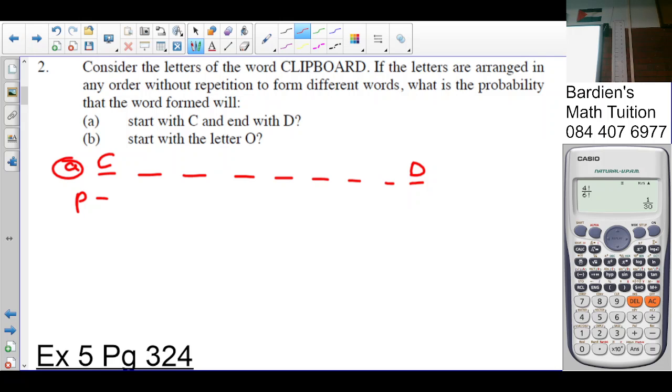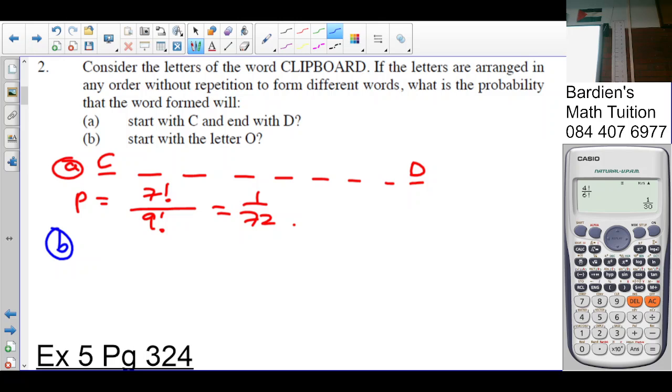The probability is number of favorable outcomes over number of possible outcomes. It starts with C and ends with D, so we are left with 7 letters, not so? So it's 7 factorial over 9 factorial. So 9 times 8 is 72, so 1 over 72. Is that correct? Just let me know when I'm going wrong.